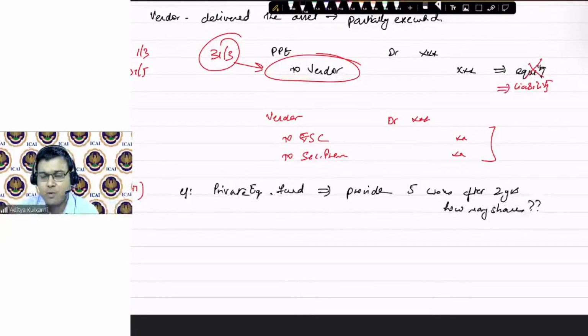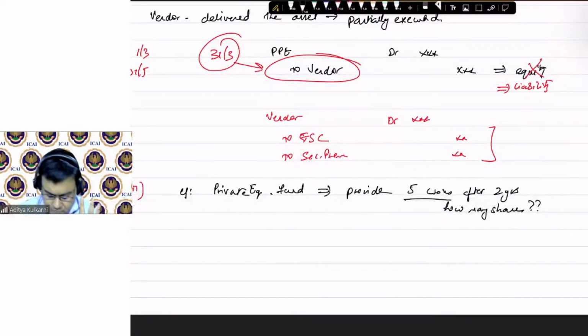But the private equity fund tells me that, look, I'm not telling the number of shares to be issued now. We will determine the value later on, and then we will take the number of shares. So can you say that the private equity fund is in some manner protecting its interests of getting equivalent shares for 5 crores of investment?